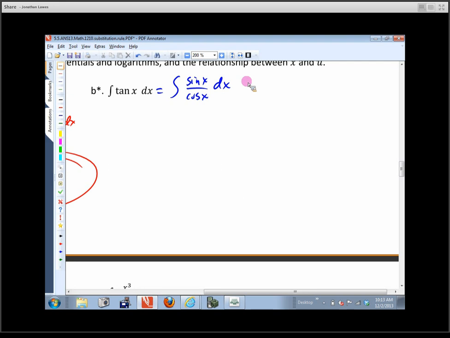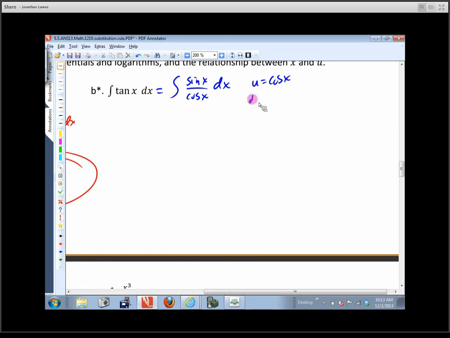So u equals, okay, our guess is cosine x, and that's really the best guess based on the practice that we did last week. Usually if we let the denominator have something to do with u, if we let that be the inside function, usually that's going to work out better.